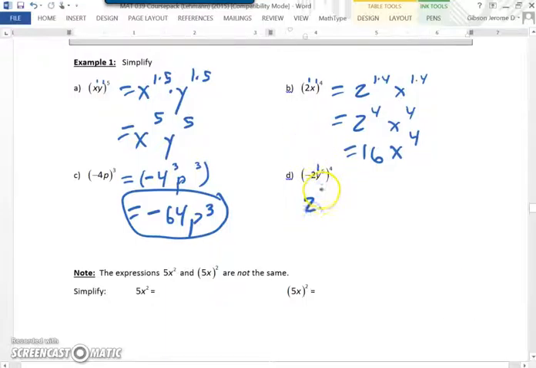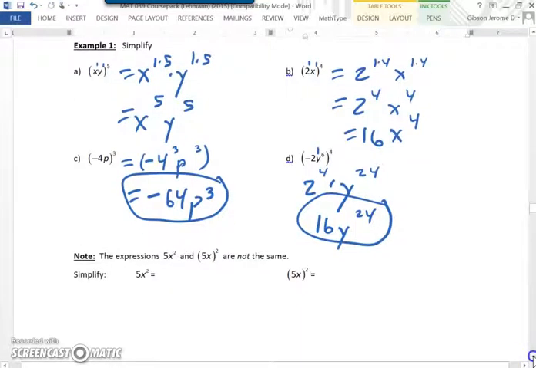So this would be 2 to the 4th times y to the what? Y to the 24th. Remember, we multiply the exponents. So it'll be 2 to the 4th, which is 16, and then y to the 24th. That is the final answer for that problem.